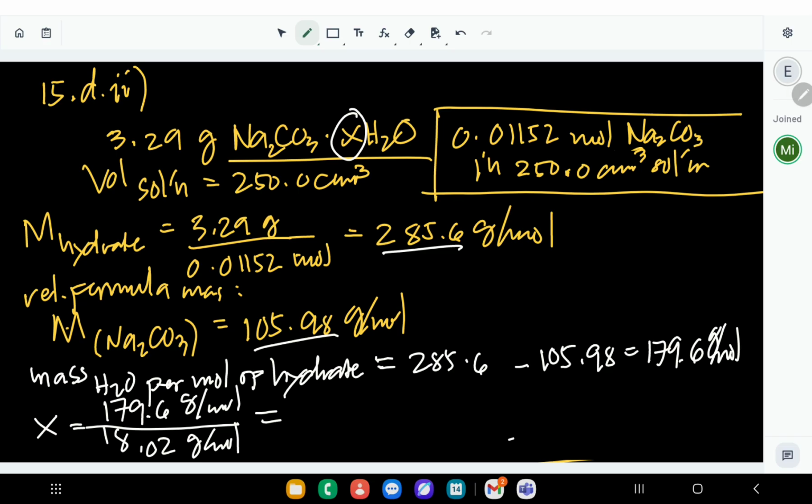So this is 9.97, or approximately 10. So X here is 10. From your paper, it's also 10. But this is how to calculate it.